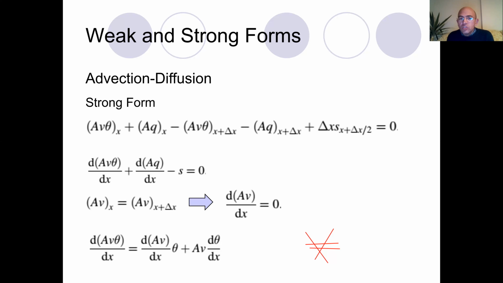So how is the strong form of it? Again, we have theta. Let's say this is the concentration at a certain location. Here V is the velocity, A is the area.